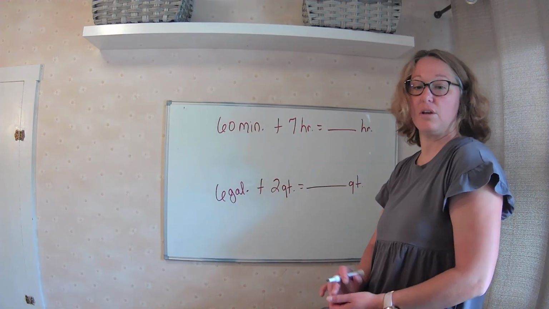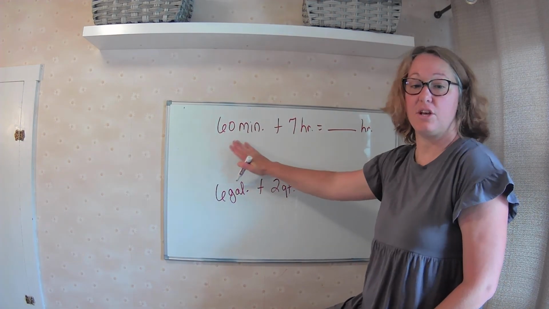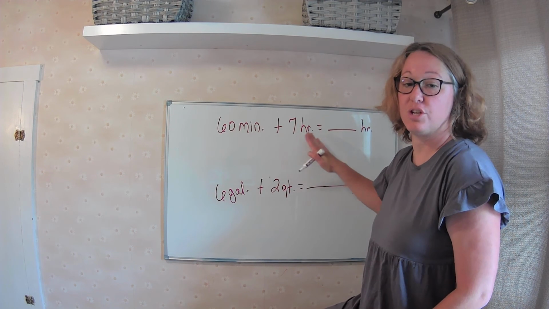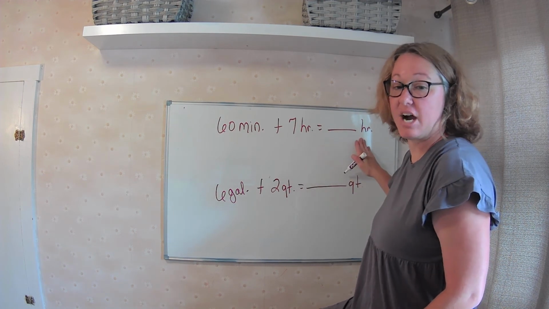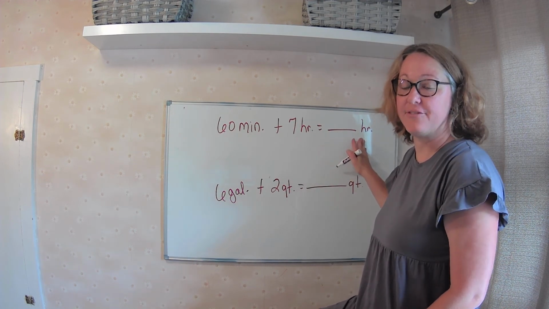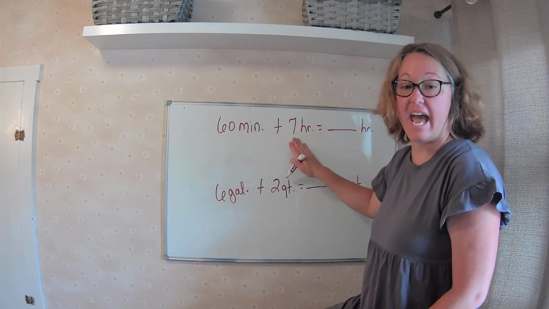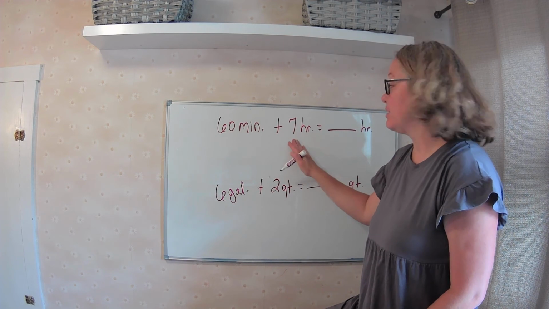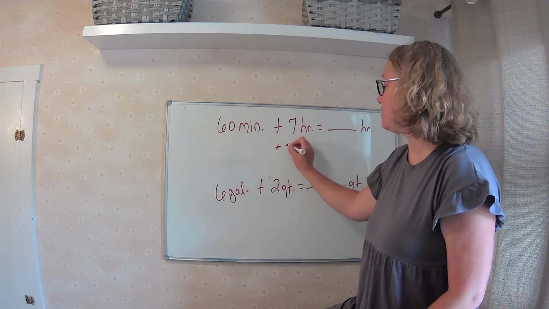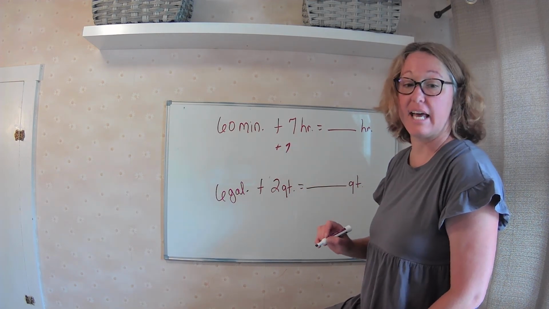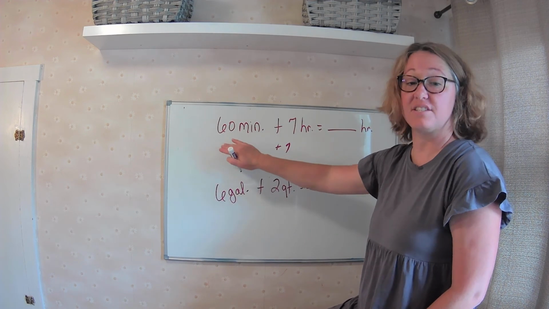All right, now we have 60 minutes, plus 7 hours equals how many hours? Well, which one can we leave alone? Yes, leave hours alone. It's already in the hour format. That's where we're going. So if we need to, we can write plus 7 here just so we don't forget to add it later. But we're going to convert this 60 minutes.